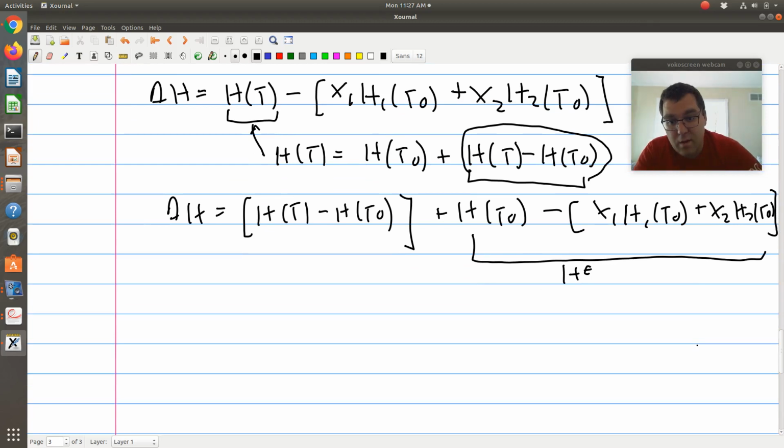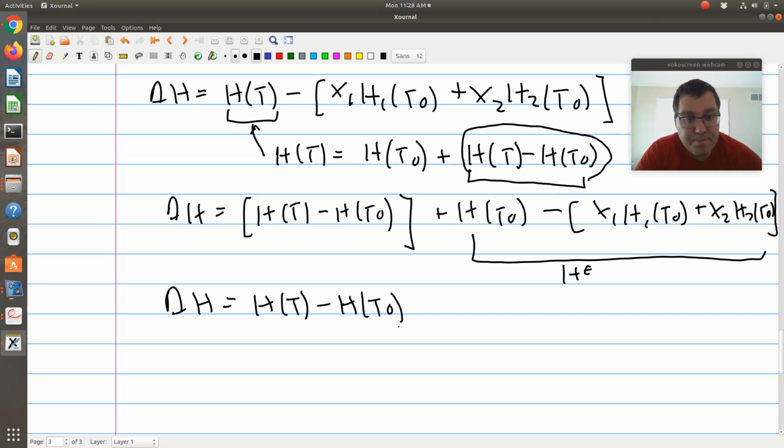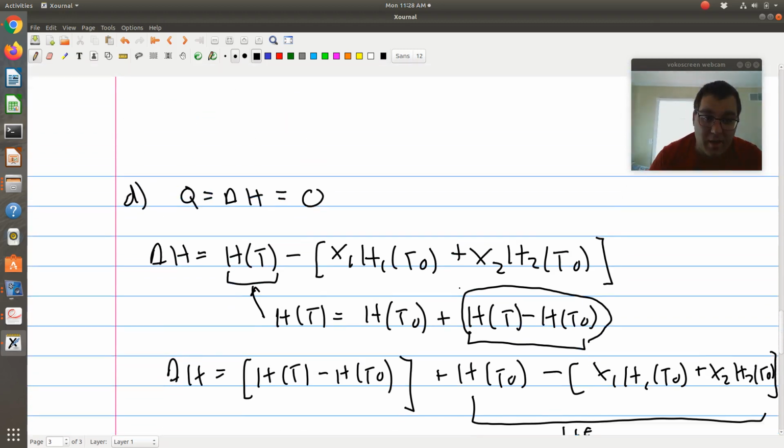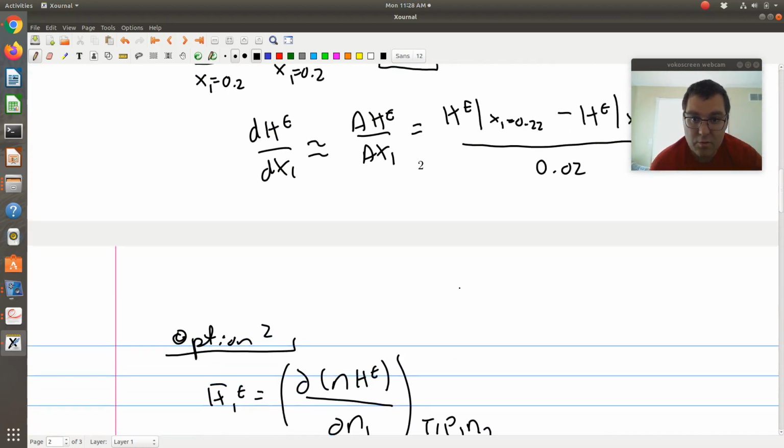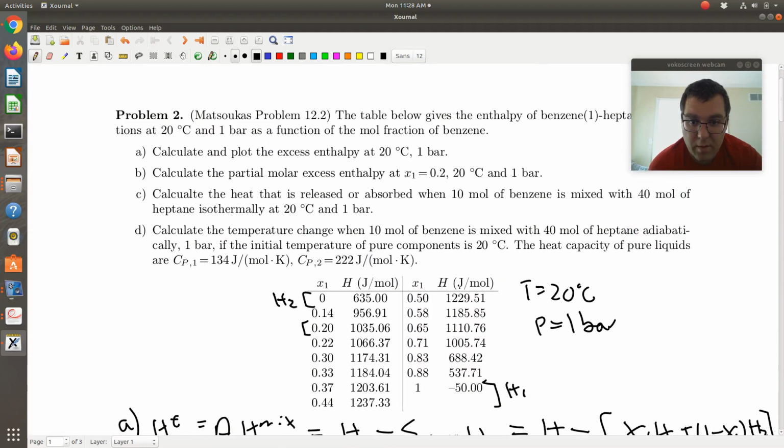I'm just trying to take this in pieces. So right now I've got delta h, which would be h of t, the enthalpy of my mixture at my final temperature, minus h at t naught, plus HE, which I have, right? So I have HE at that composition. If I come back up here, what are we given?